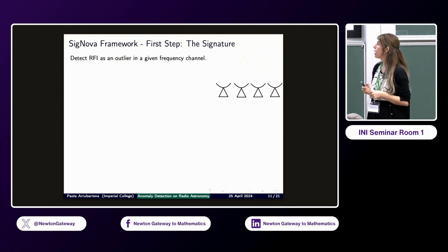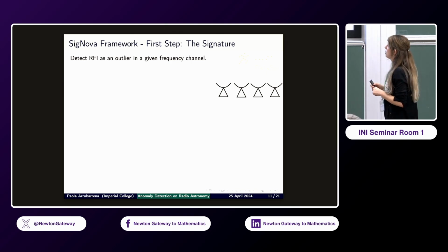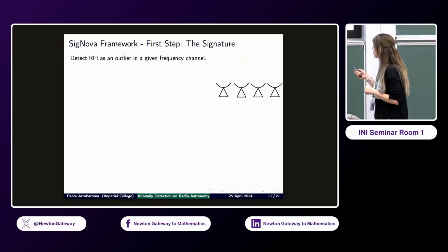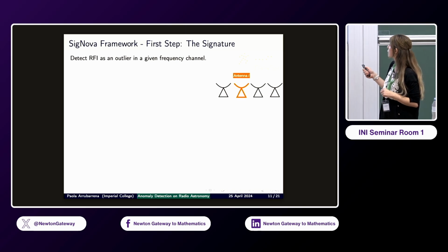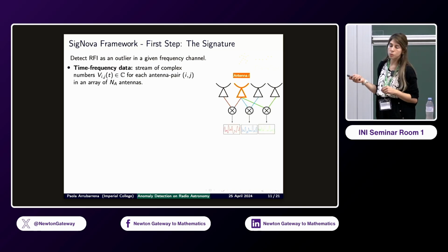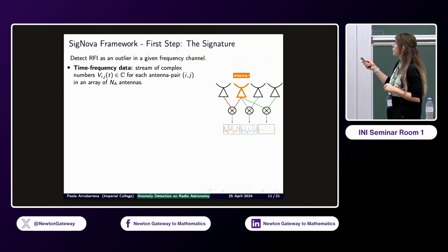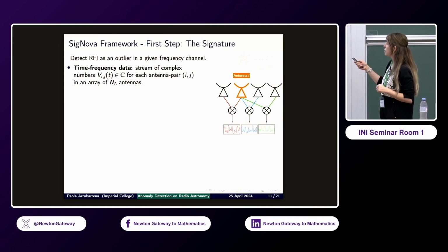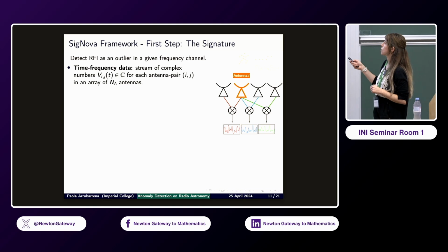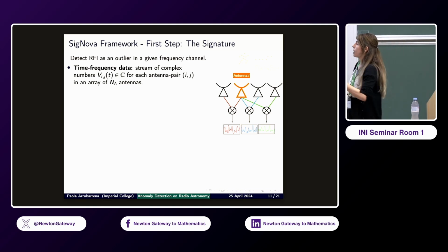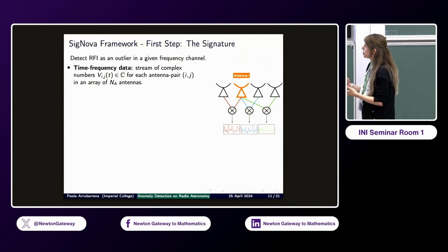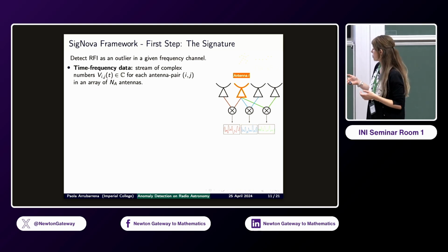So how does SIGNOVA work? Remember that I said we had our array of antennas. If I want to focus on antenna i, we're going to have the output of all of the antennas connected to antenna i, because everything goes per antenna pairs. So we have our stream of complex numbers ordered in time for each frequency.